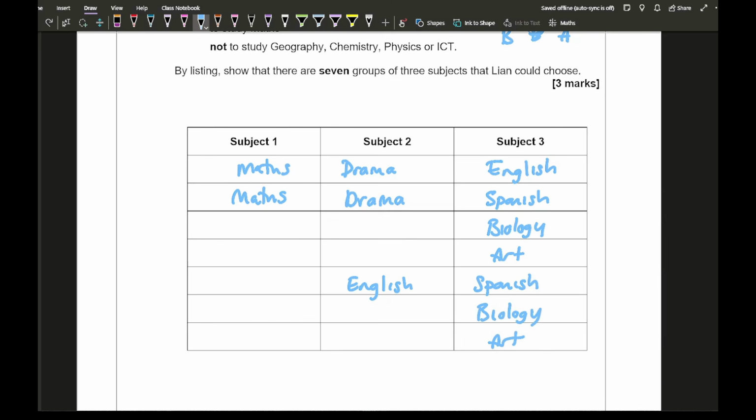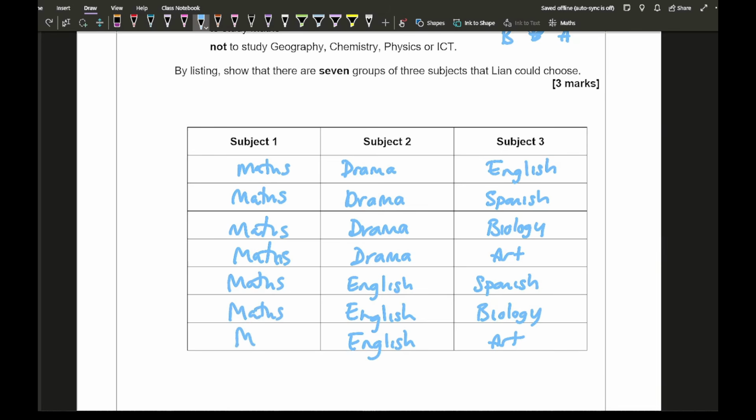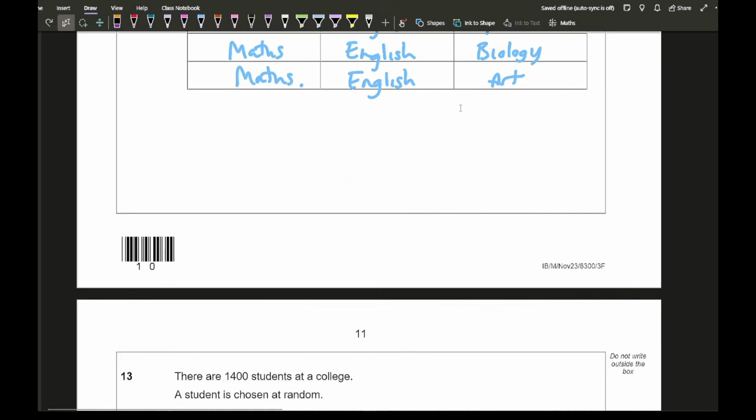Now again, you could write these options in any particular order, but they need to be different and you'll need one of each. Like I said, if you want to just write the letter, then that would be absolutely fine as well.